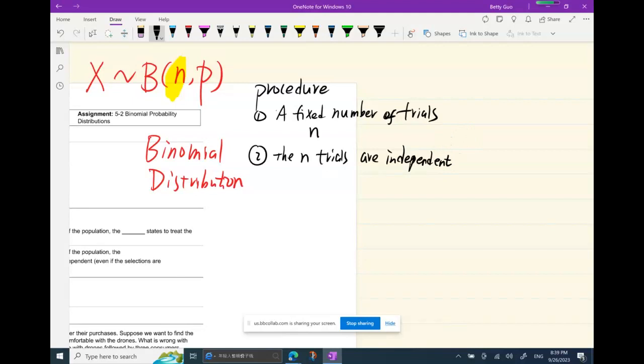So my two examples earlier satisfy this condition. You toss a coin 10 times, that's 10 trials, and those 10 trials are independent, right? They don't affect each other. And if you roll a die 20 times, those 20 trials are independent.